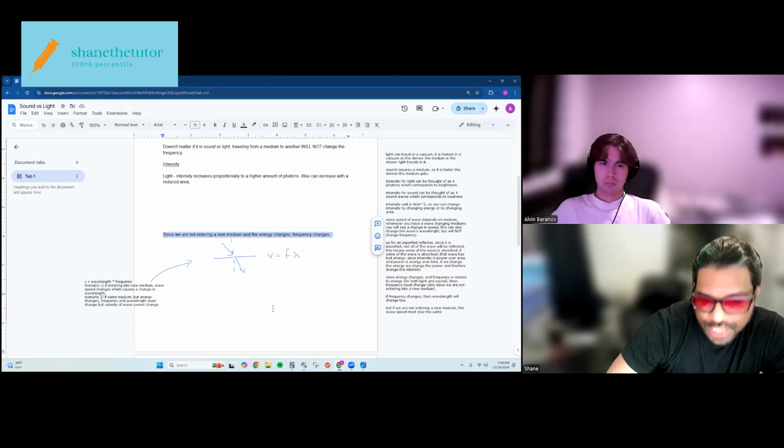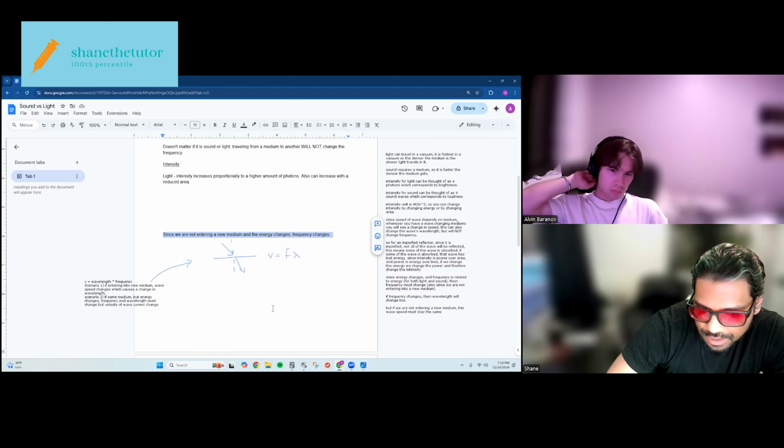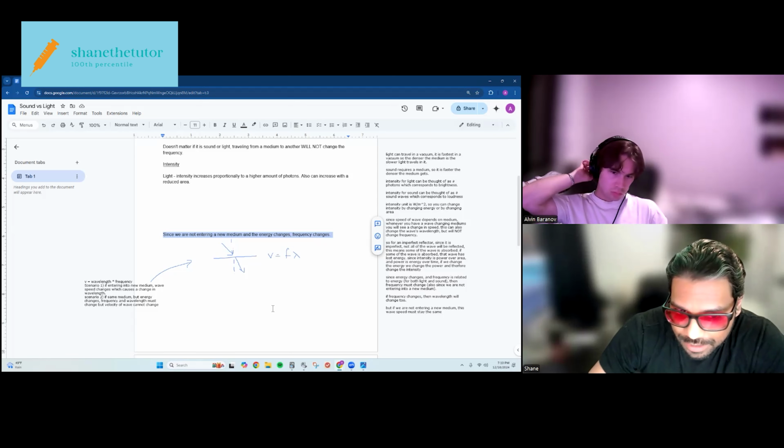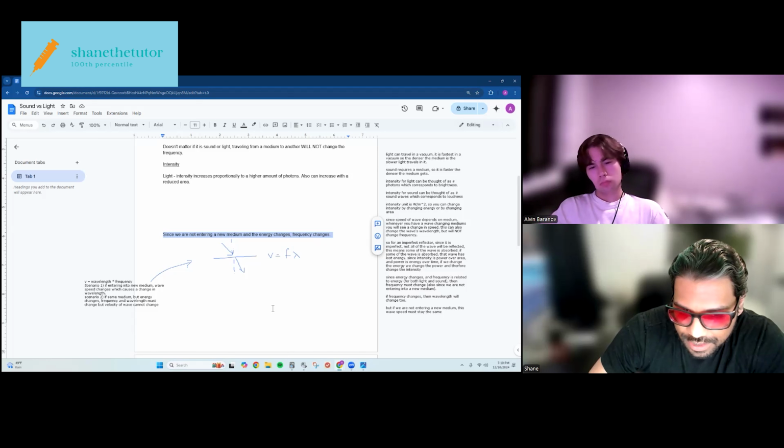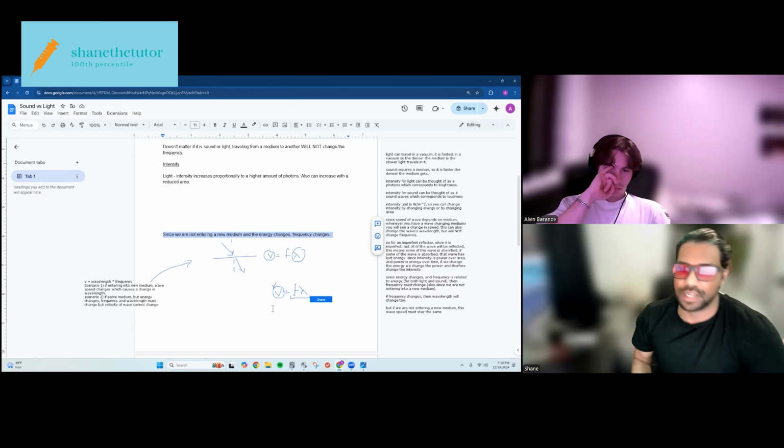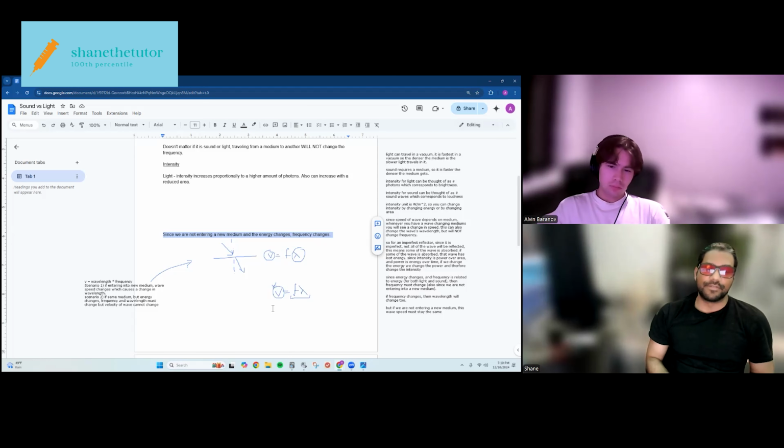If we're changing mediums and velocity depends on medium, we're changing velocity, and we would have to change one more thing here, which would be the wavelength. But if you're in the same medium, your velocity cannot change, which means these would have to change. That's the fundamental.